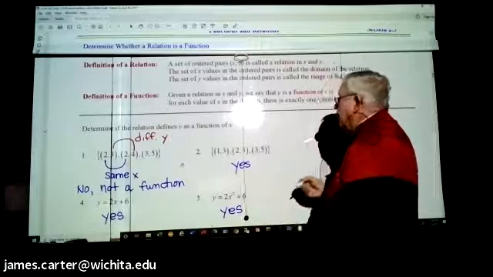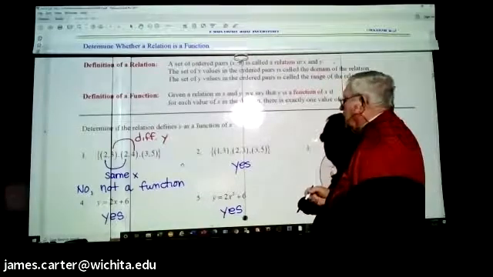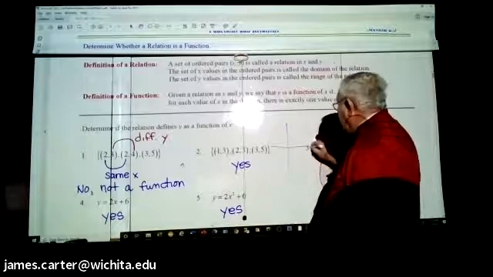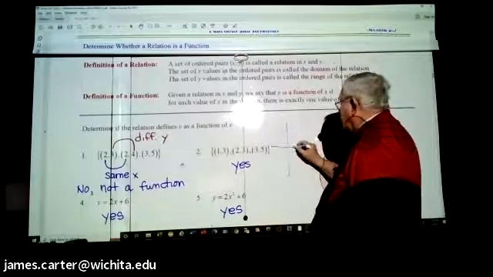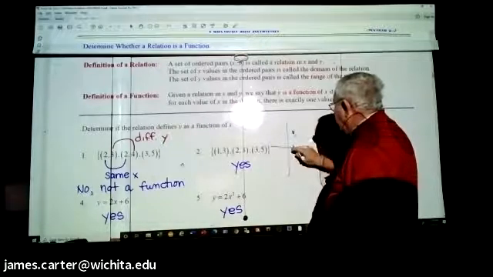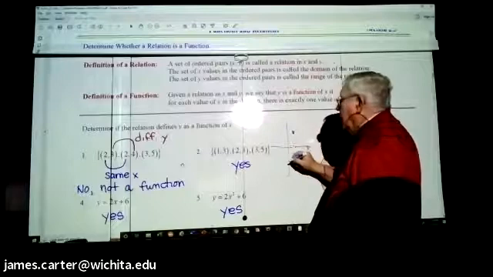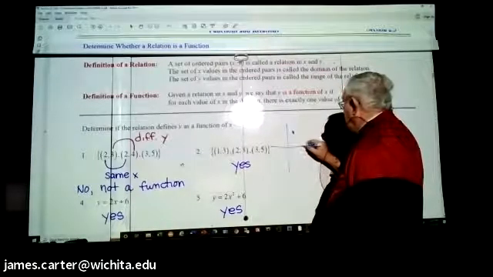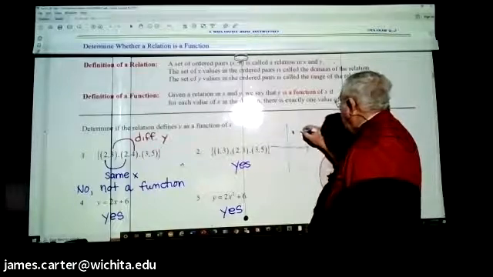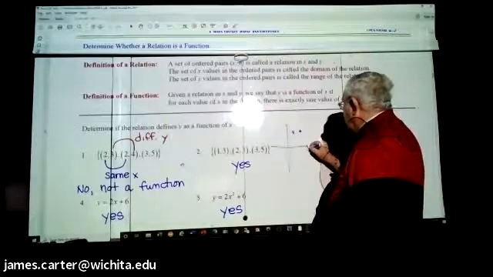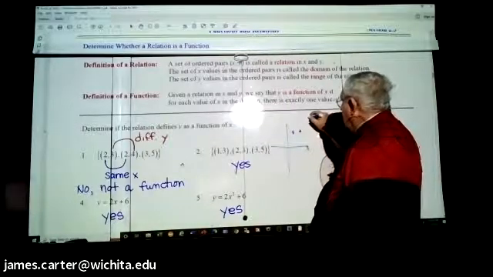Here's the graph: we've got x equals 1 and y equals 3, x equals 2 and y equals 3, and x equals 3 and y equals 5.